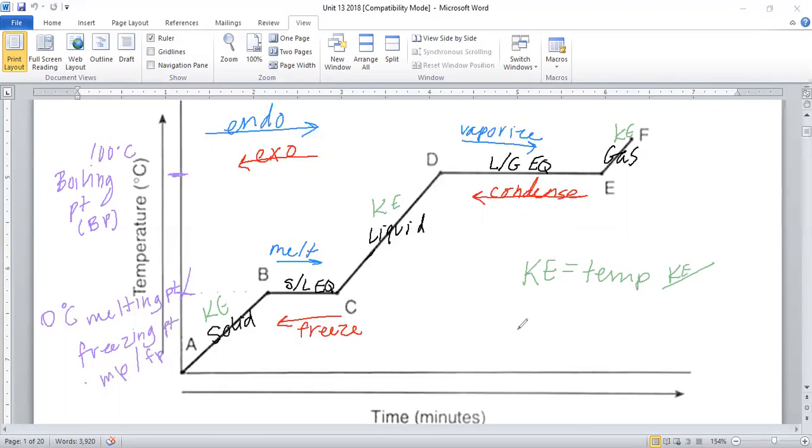Okay, and then we have potential energy, and that happens on the flat lines, wherever you have a phase change. Remember, triangle means change. So potential energy on the flat lines. Solids have the least potential energy. Liquids and gases have the most potential energy. Okay, so take a minute to copy that down.